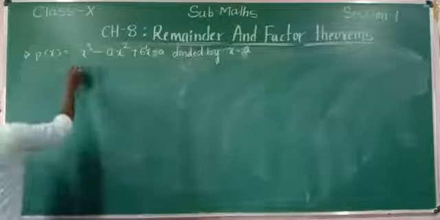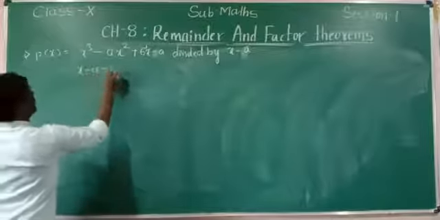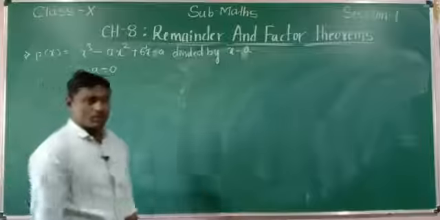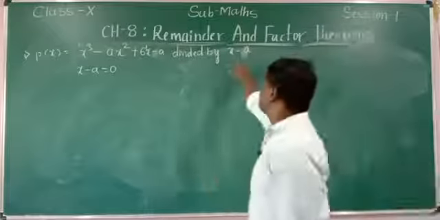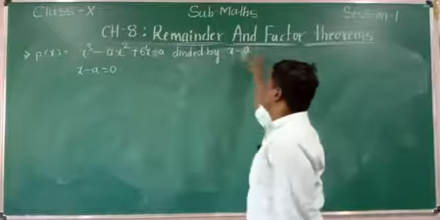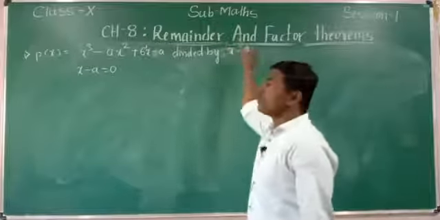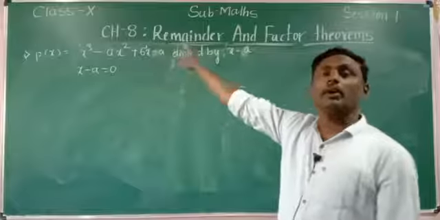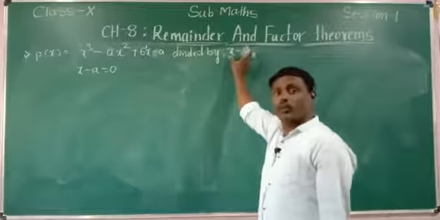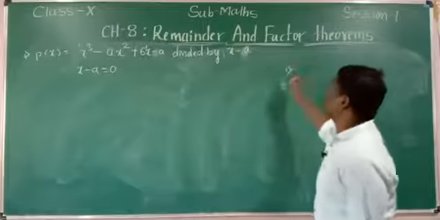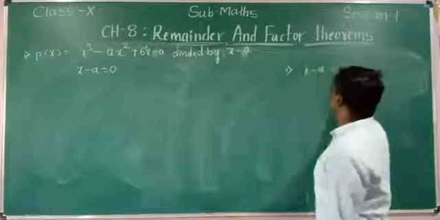So x minus a is considered as equal to 0. Is any other equation or expression given? No, with the help of this one only we will get the remainder of the expression. So first we consider x minus a is equal to 0.